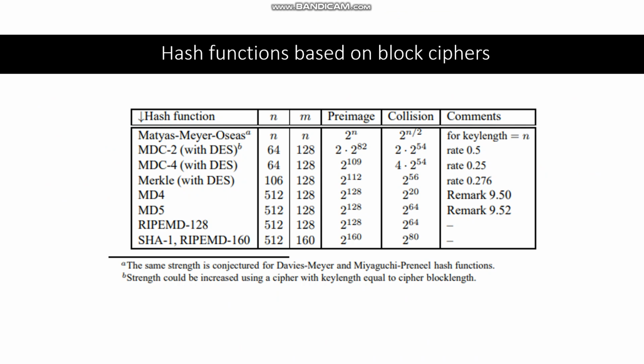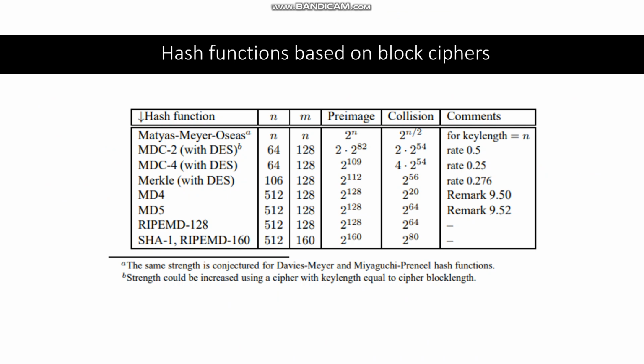Customized hash functions are those designed specifically for hashing with speed in mind and independent of other system subcomponents, for example, block ciphers or modular multiplication subcomponents, which may already be present for non-hashing purposes.